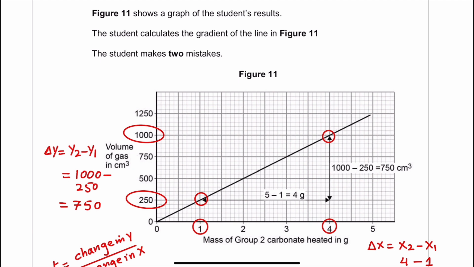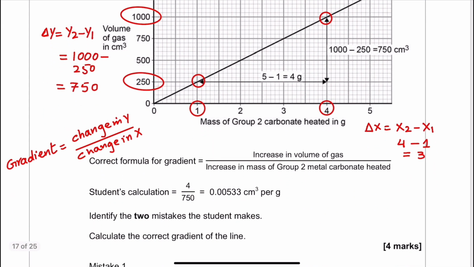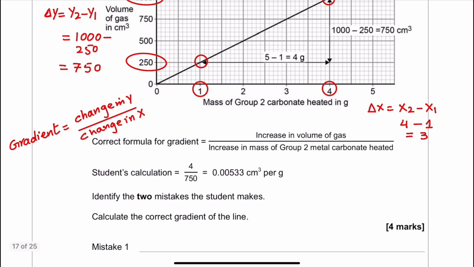The student makes two mistakes. The first reference point is given here, and the second reference point on the line is given here. Now we will see the mistakes here. The formula is given.